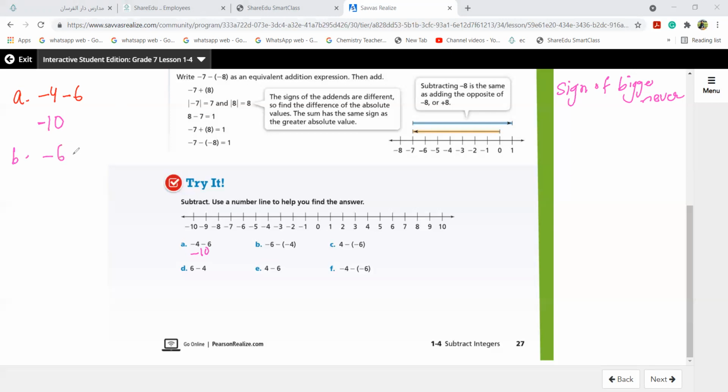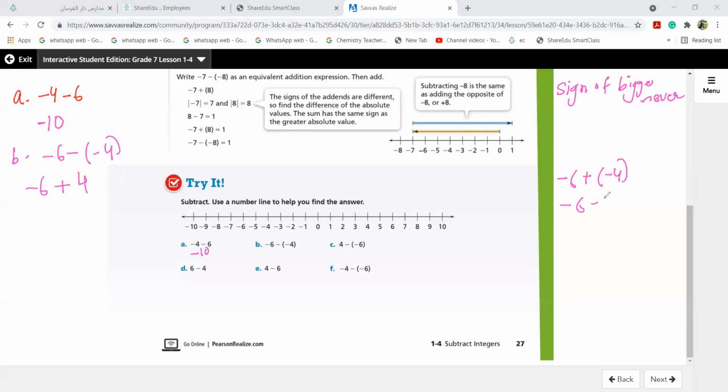Minus 6. One second, I will do it. Now, see, girls, be very careful. Minus 6 means multiplication. Here you'll multiply the signs. Negative and negative, what do you get? Positive. Till the last class, I was teaching you like this.